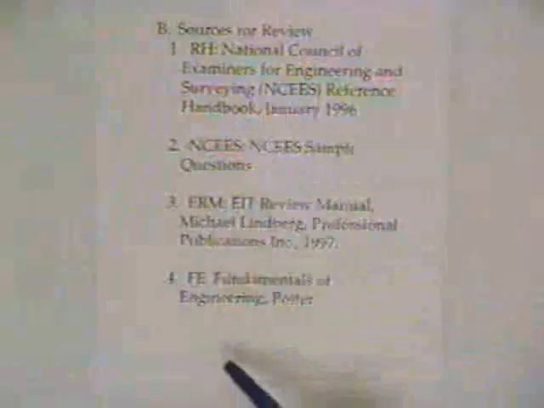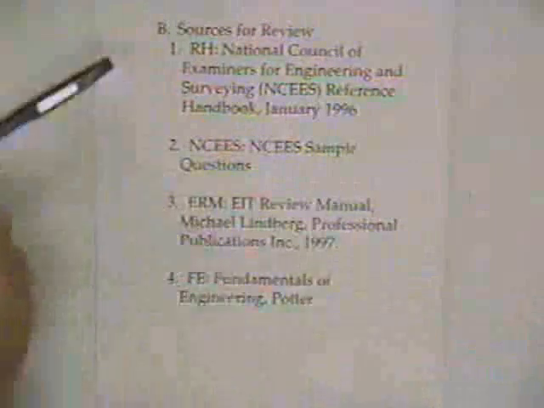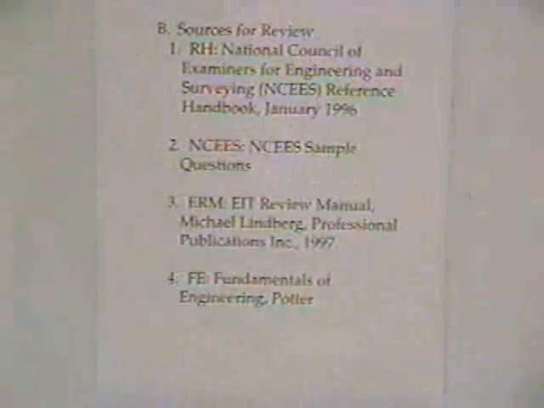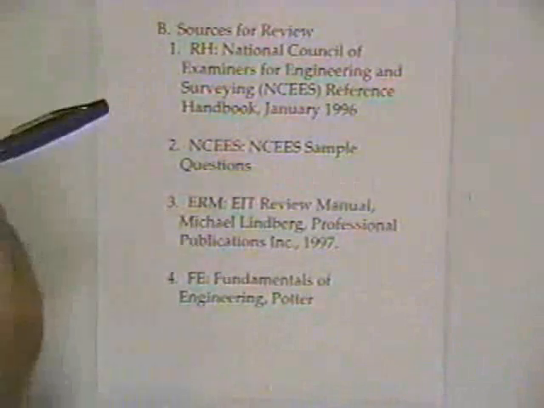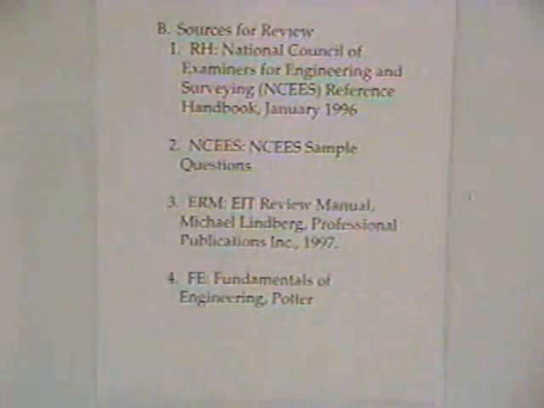All right, before we get started in the review, I'd like to give you a little idea of where the material has come from for the review. What you see here is a list of the sources that I've used. Primary source is the reference handbook that comes from the National Council of Examiners for Engineering and Surveying, the people that are making up the exam, so that's probably the most important thing you'll be dealing with.